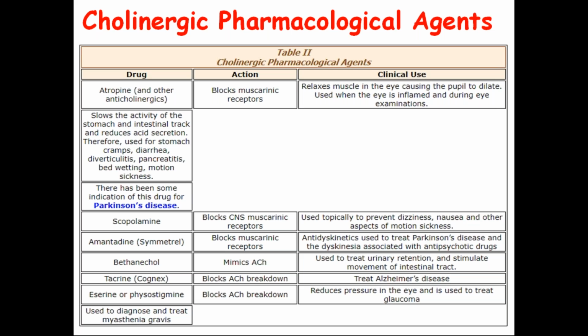So in that case these drugs are administered, because they mimic acetylcholine and give the same function. So you should know the name of the drugs and the action.